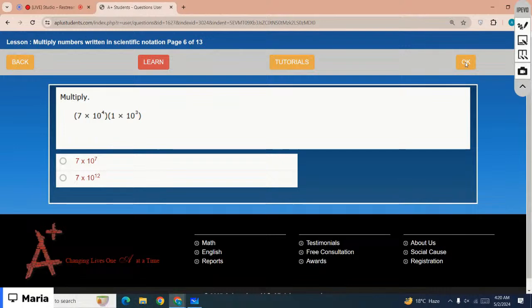Multiply 7 times 10 exponent 4, 1 times 10 exponent 3. So which is the correct option?